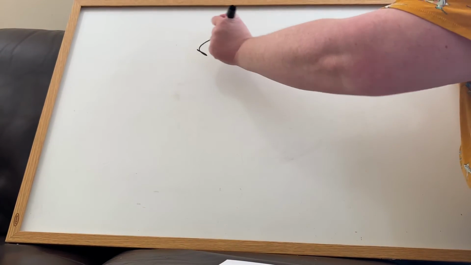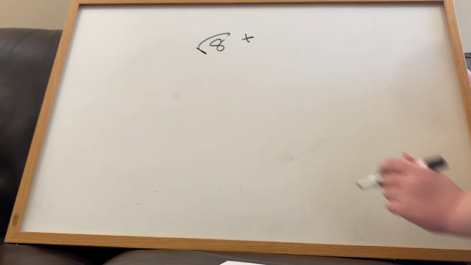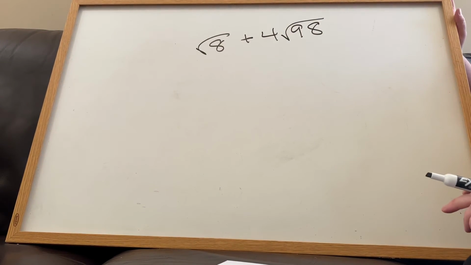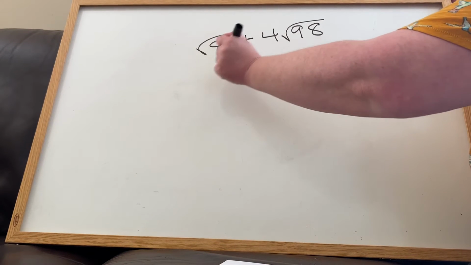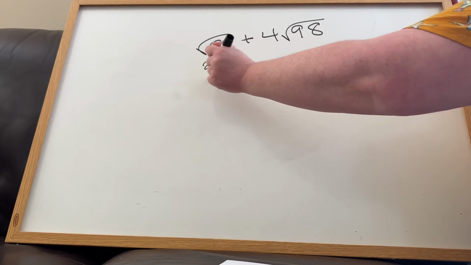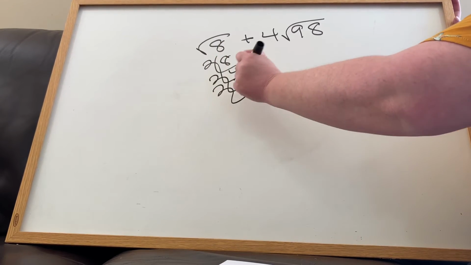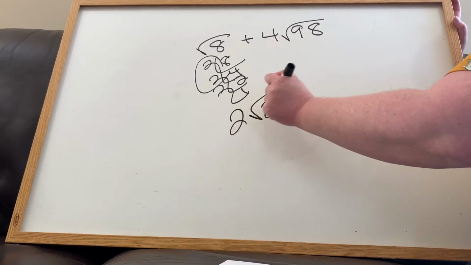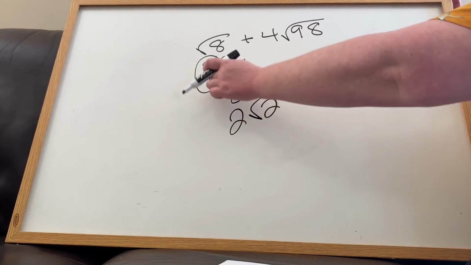Two more. So square root of 8 plus 4 square root of 98. So you want to, same thing, break them both. So breaking 8, you have 2, 4, 2, 2, 2, 1. So you pull a 2 and leave a 2.